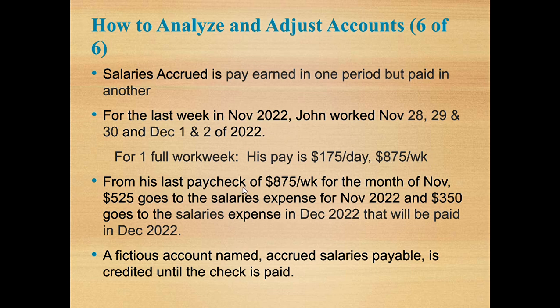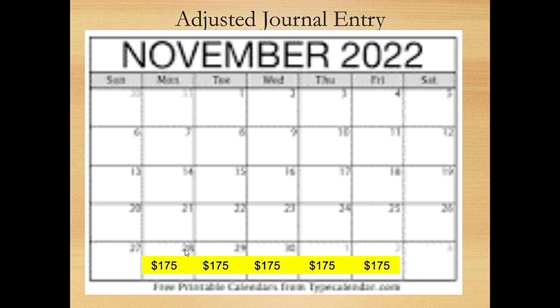From his last paycheck of $875 for the month of November, $525 goes to the salary expense for November 2022, because he gets paid $175 for Monday, $175 for Tuesday, and $175 for Wednesday. So $525 of this money goes to November 2022 of the $875 he gets for the whole paycheck, which he gets paid in December.